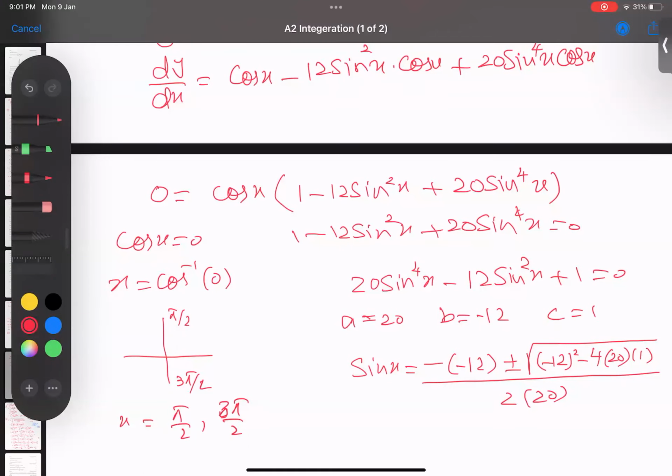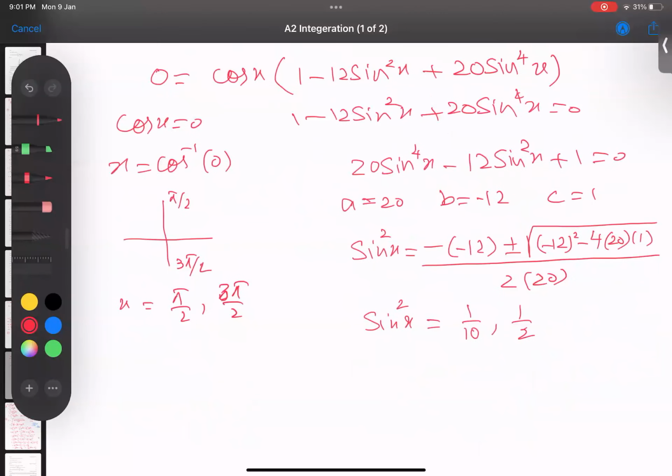And the answers I'm getting here: sine square x is equal to 1 over 10. The second answer I'm getting is 1 over 2. So two answers I'm getting from here. But make sure this is sine square. I must write sine square here. So square and square. Now I can continue.